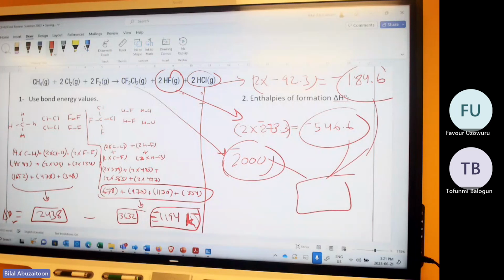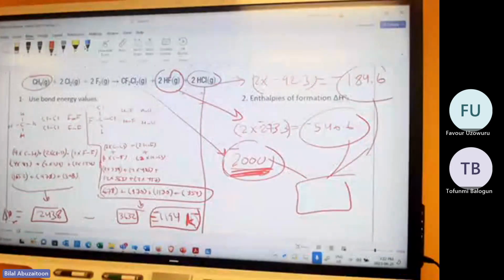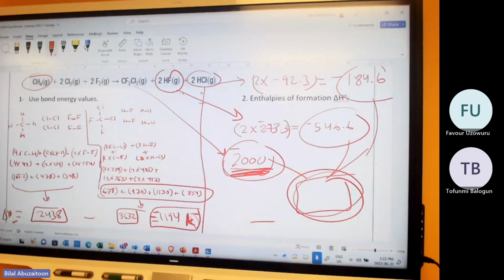Just an arbitrary number, this is not the correct one. In this case, it will be in the table. Minus all this, minus for the CH4. That's it.